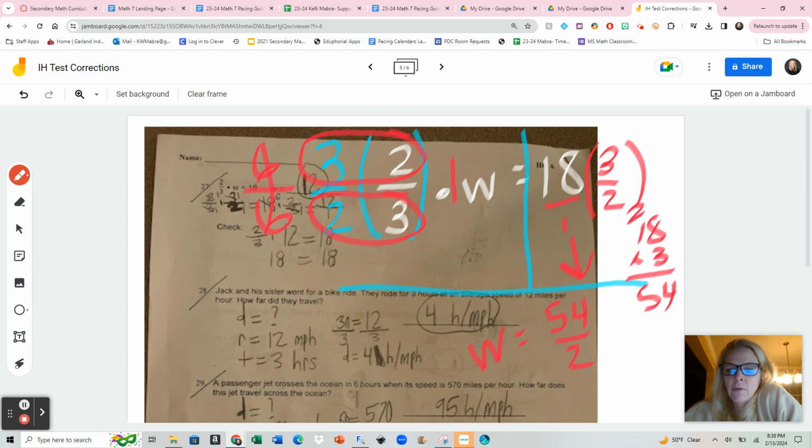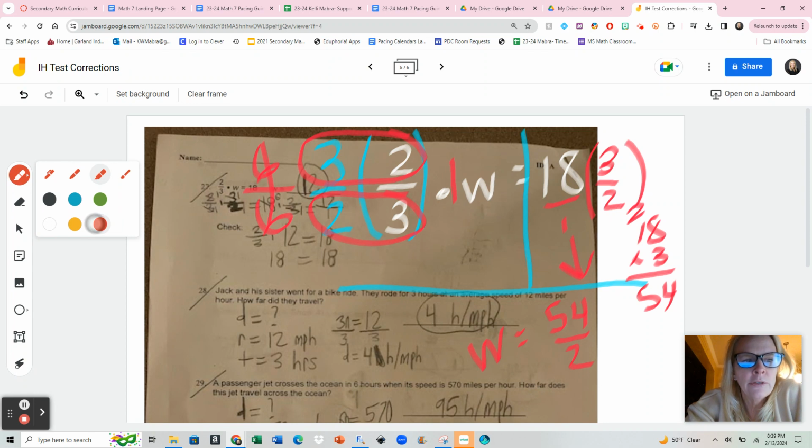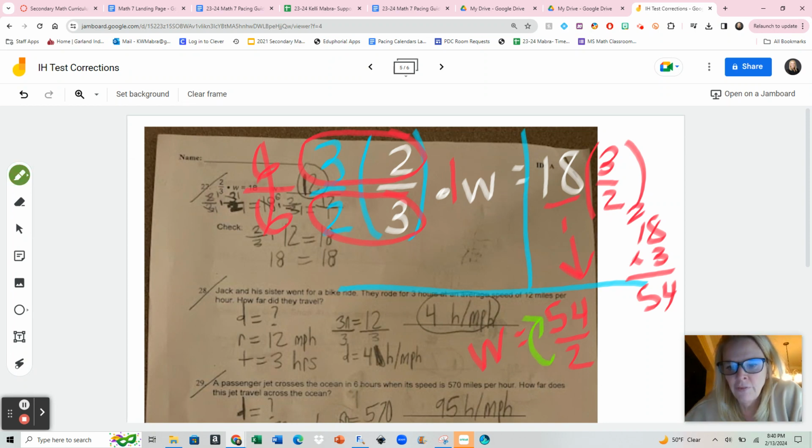Then we look at it and ask, can we simplify it? Yes, because 2 goes into 54 27 times. So W is equal to 27.